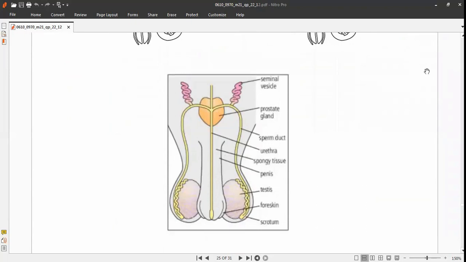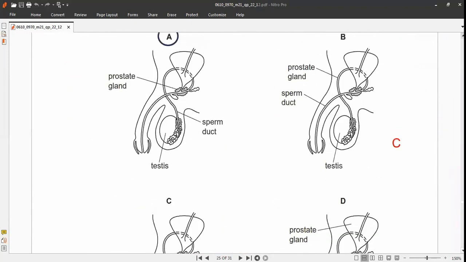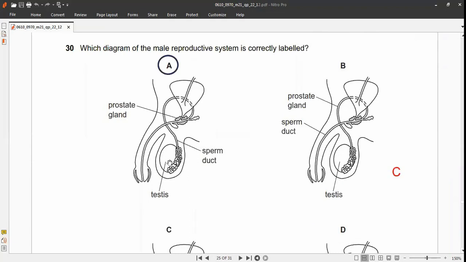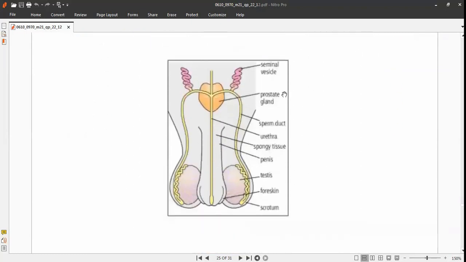Yes, which one? This is the sperm duct, this is the prostate gland, and testes. So the correct answer is A. Prostate gland, sperm duct, and testes.